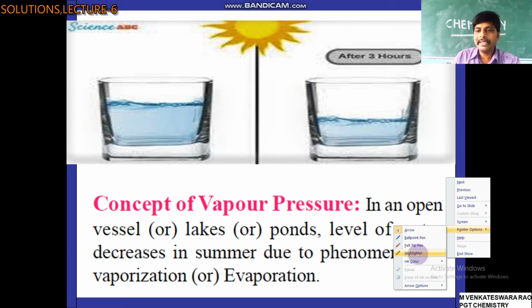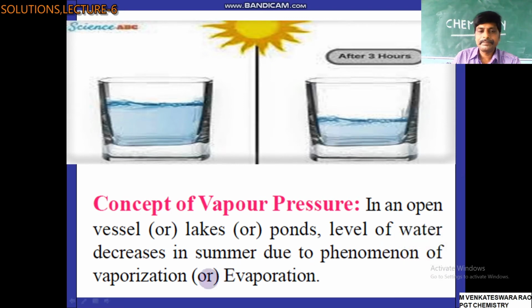So now we will see what is meant by evaporation. Evaporation or vaporization. In an open vessel or lakes or ponds, the level of water decreases in summer due to the phenomenon of vaporization or evaporation.